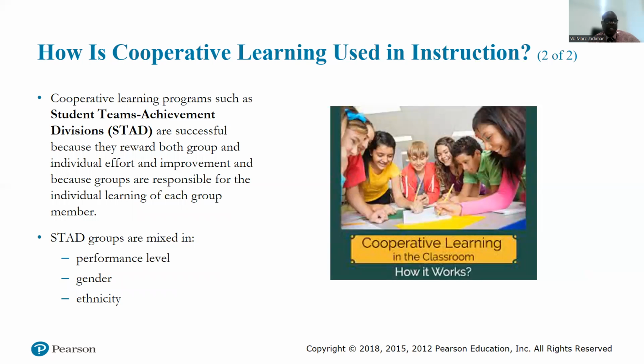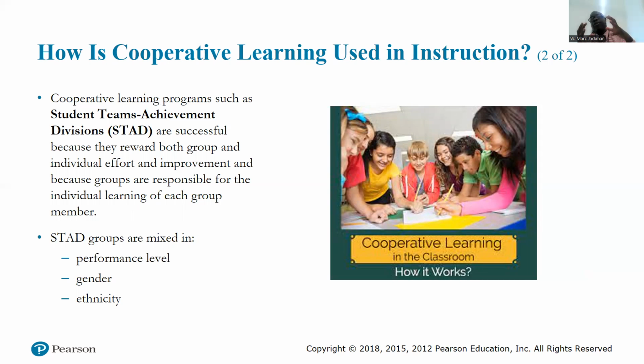For example, the STAD approach is successful because you get rewards at the group and the individual level for improvement, because the group becomes responsible for individual members of each group. So while you're studying as a group, students will get marks for the entire group. You'll get individual marks and you'll get marks when the entire group performs well.